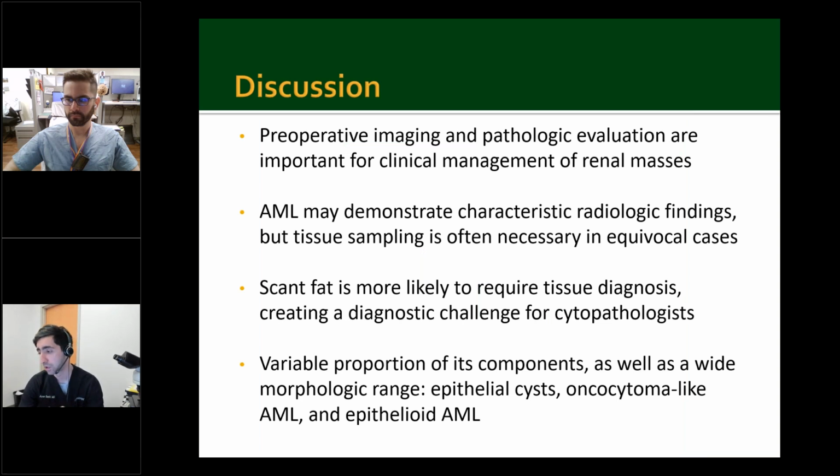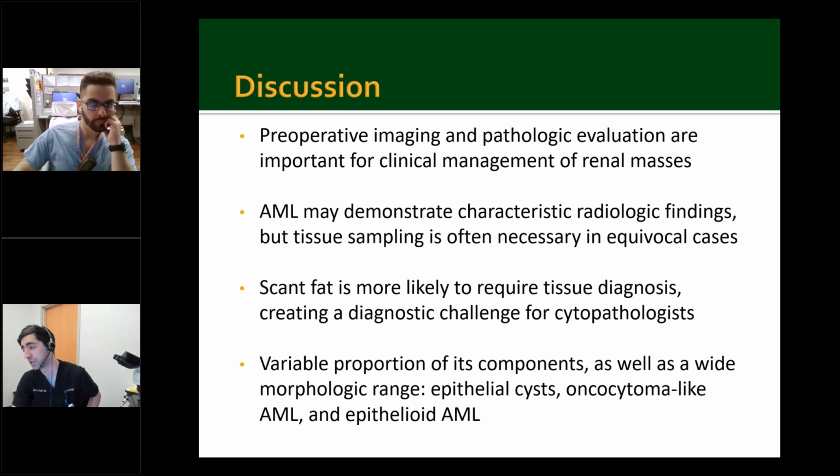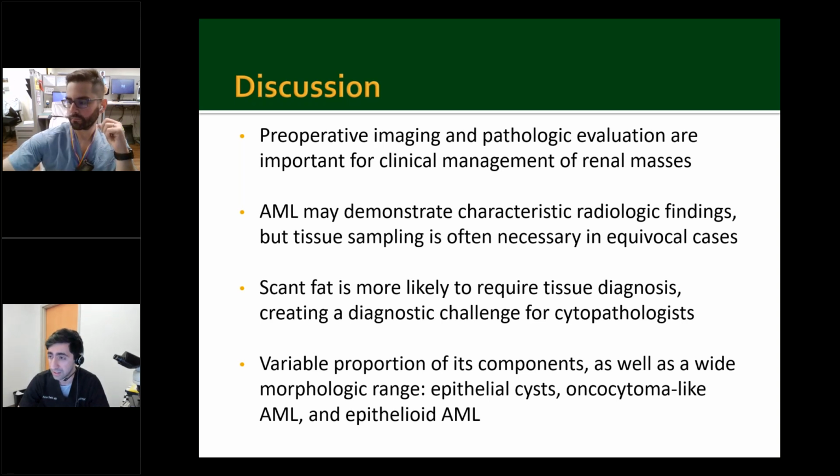So the discussion section of the paper highlights several crucial aspects of renal angiomyolipoma and its diagnostic challenges. The authors emphasize the importance of preoperative imaging and pathologic evaluations in determining the clinical management of renal masses, especially considering that a significant proportion of solid renal masses are benign.